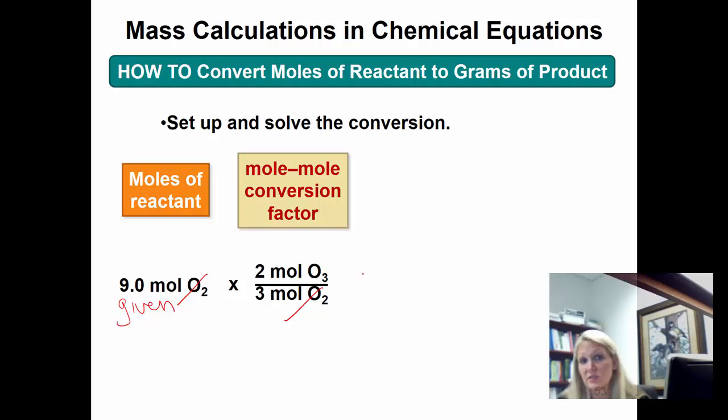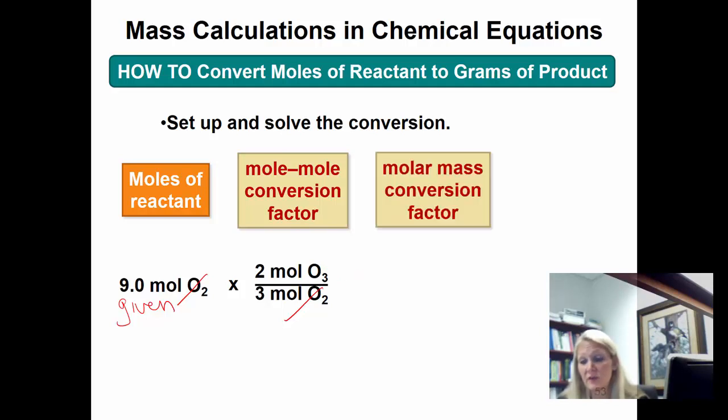In order for us to convert to grams, we use our molar mass conversion factor. If you're going from moles to grams or grams to moles, you always use your molar mass. Because moles of ozone is on top here, we have to have moles of ozone in the denominator, just like we've always done for converting.